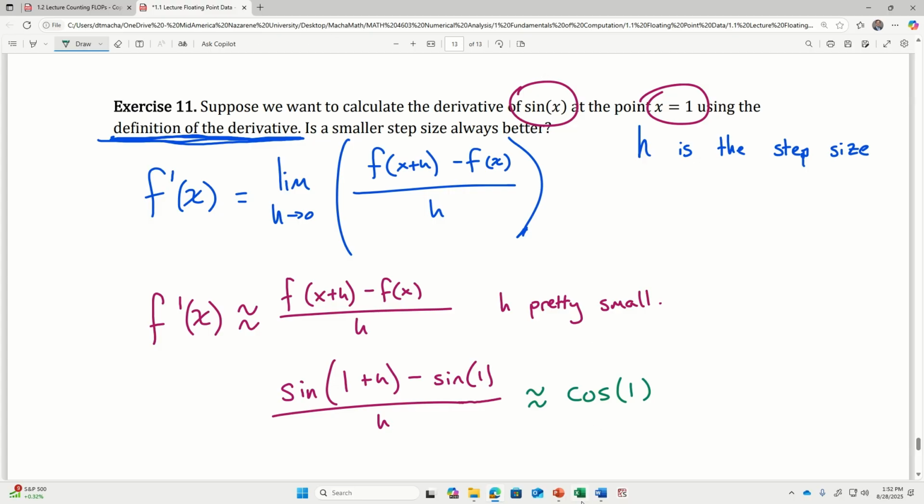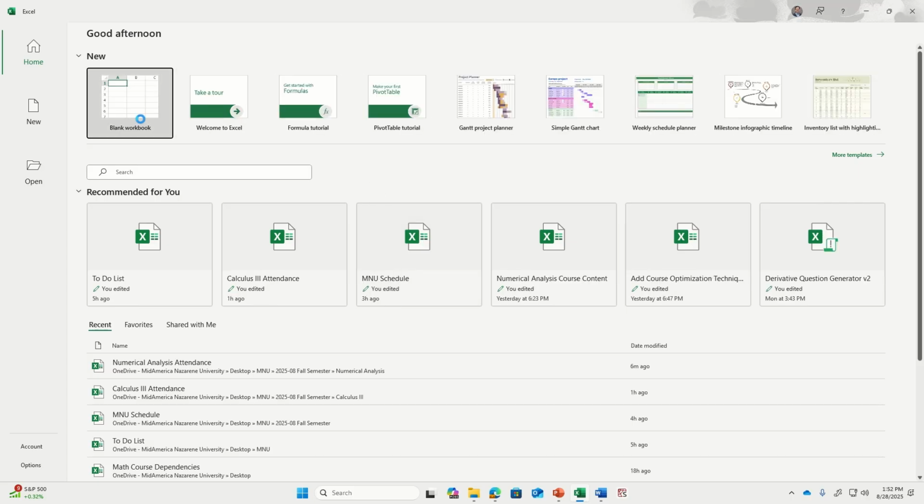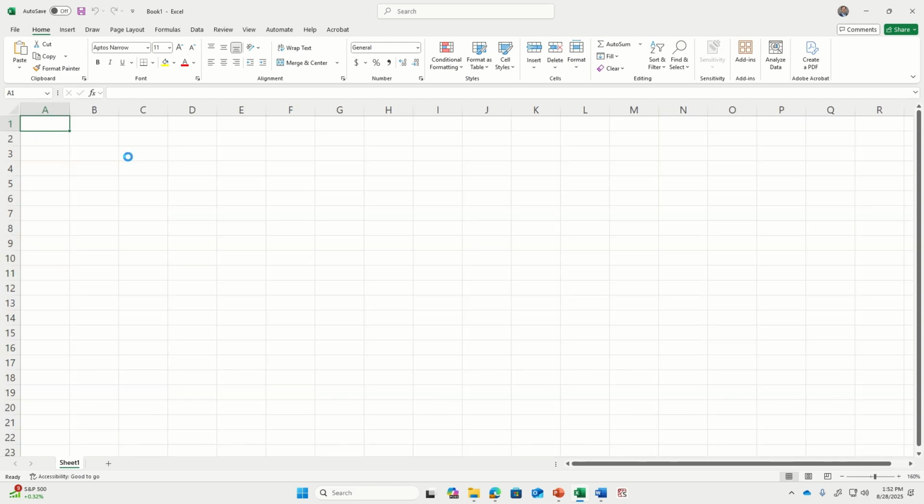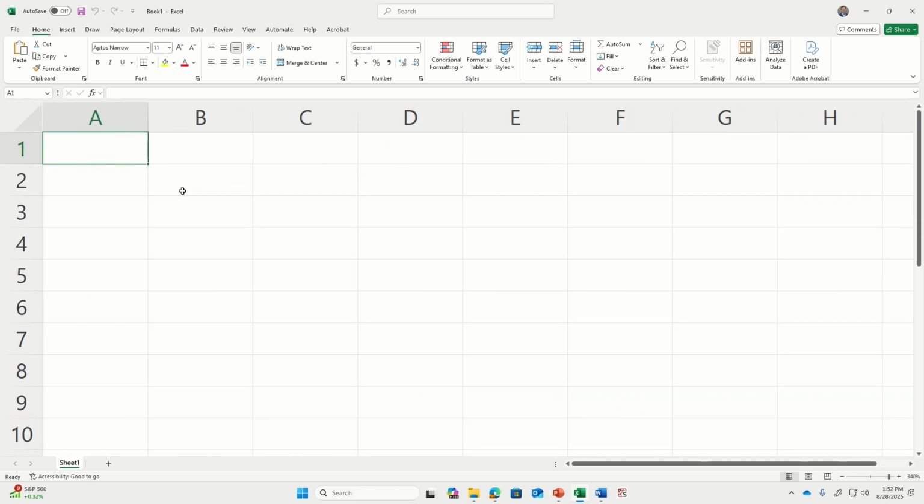I think this is a cool experiment. If you have a laptop with Excel, I encourage you to try this on your own too. We're going to choose different values of h, and then calculate that derivative approximation for that value of h.